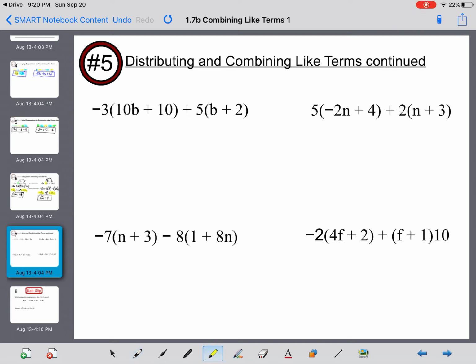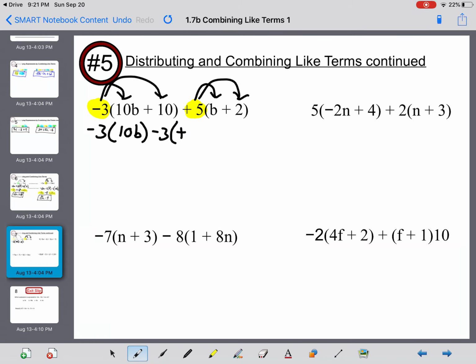Okay, so let's take an example here. Let's take this one. Here are my numbers that are being distributed: negative 3 times 10b, and negative 3 times 10.